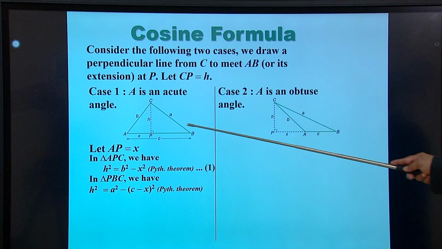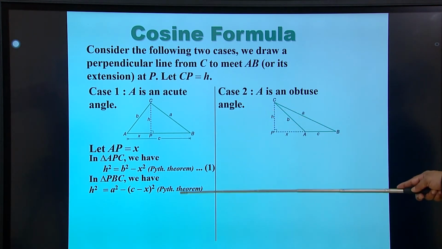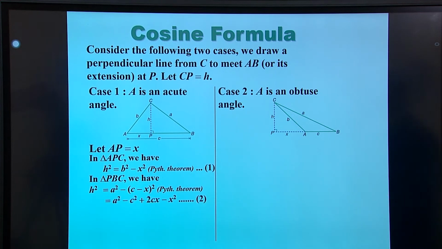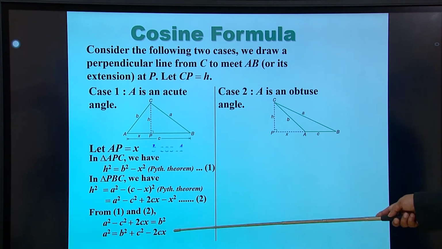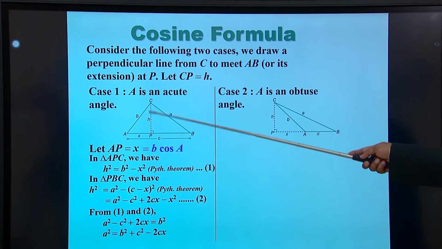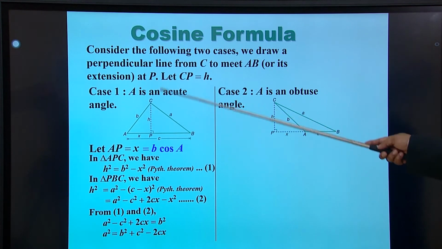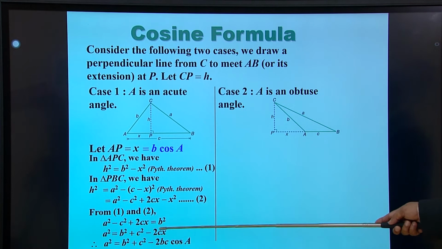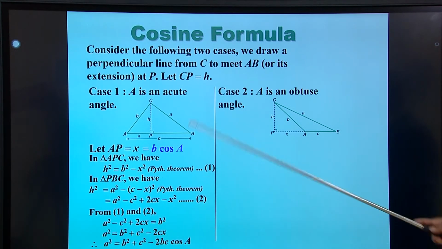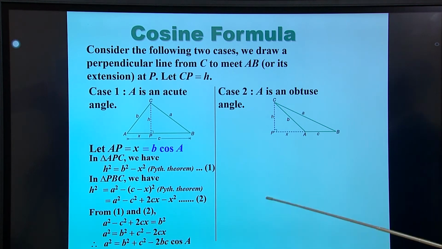And then if I look at the other triangle, I can write h squared again. Making those two equations equal, I then get this equation. Now, I can write x in terms of trig, b cos A. And if I substitute that in there, I have a squared equals b squared plus c squared minus 2bc cos A. Now, that's a very interesting formula. We'll come back and look at it.